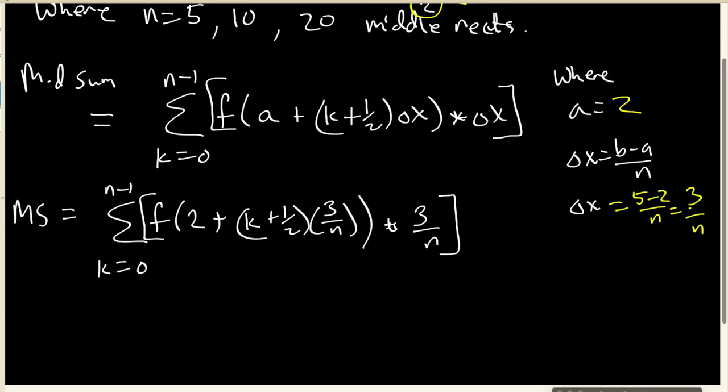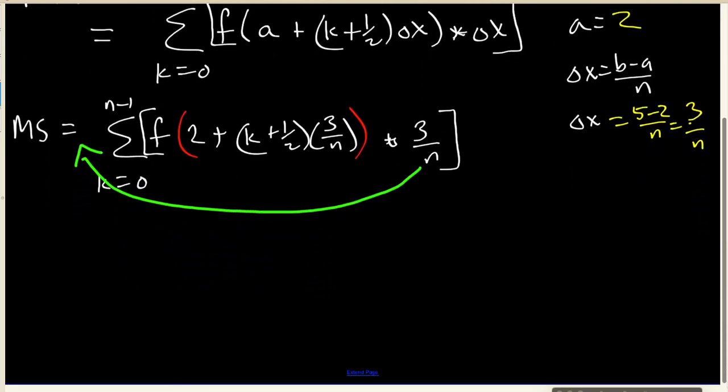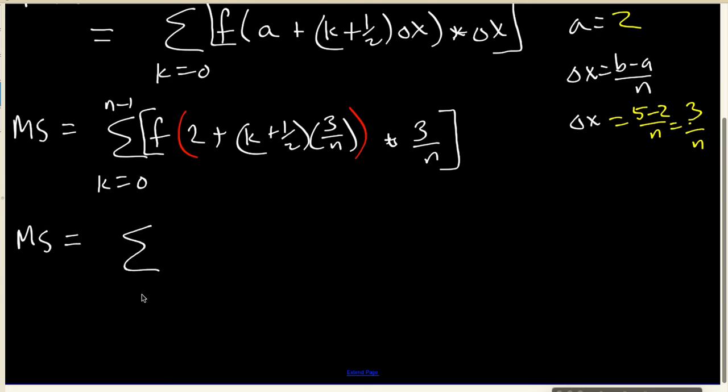Now it's useful to change these parentheses color to make it clear that I've got f of this nasty mess times that 3 over n, and this 3 over n is a constant as far as the summation is concerned, so it comes out of my summation. And what I am now looking at is that my middle sum is going to look like the summation as k goes from, well, actually I need to pull that out.